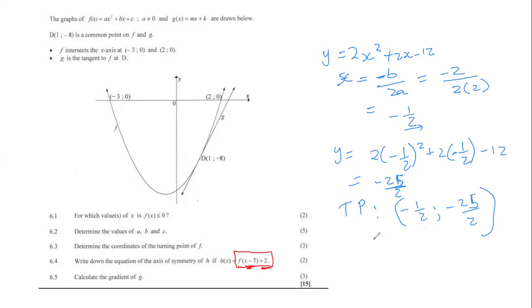So when it comes to shifting, the turning point form is the best one to deal with the shifting and all those things. Today I didn't want to do the shifting. We'll do the shifting tomorrow, together with the gradient of the other one. For now, we just want to focus on getting the equation, drawing the graph, and doing all those things. Then we'll get to the shifting.